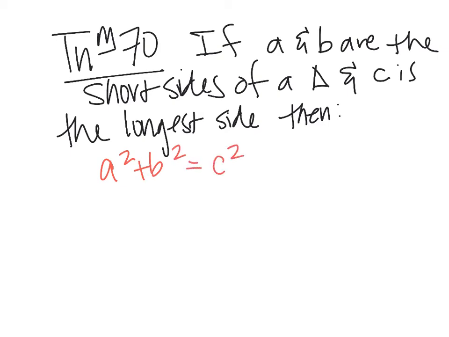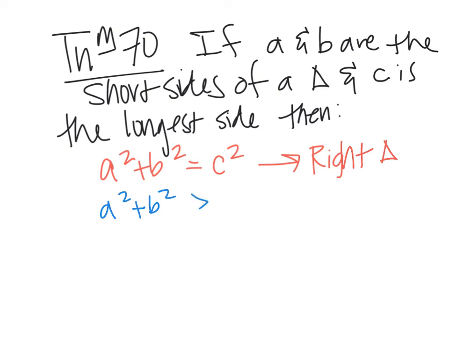If that happens, then our triangle is a right triangle, which we already know because we've been talking about the Pythagorean theorem. Now, if A squared, short side, plus B squared, short side, is greater than C squared, then my triangle is acute.